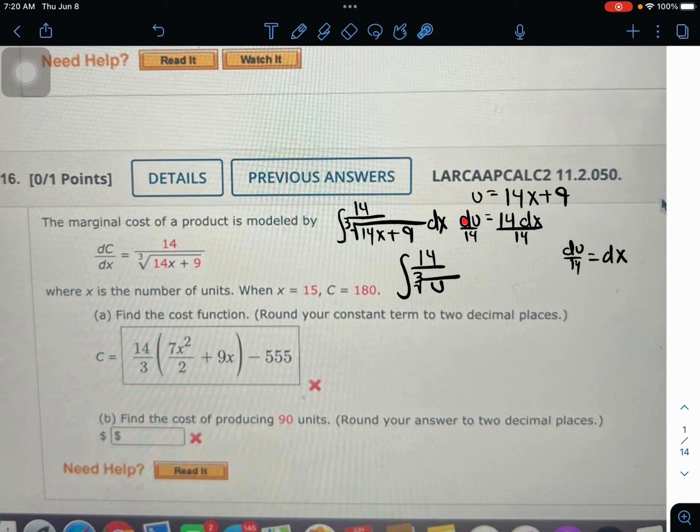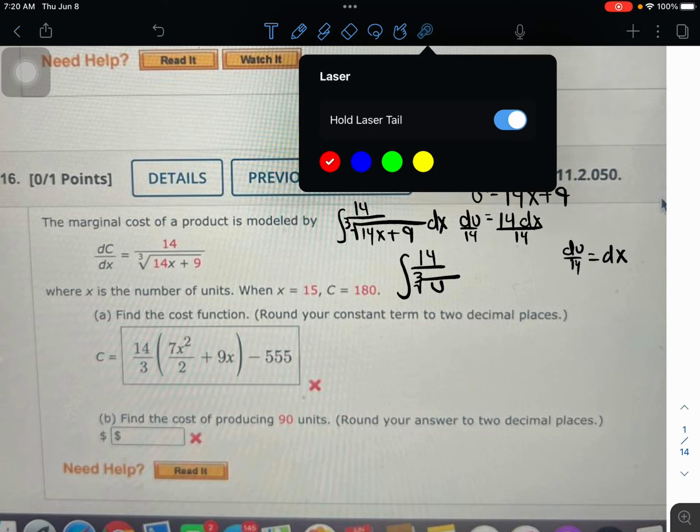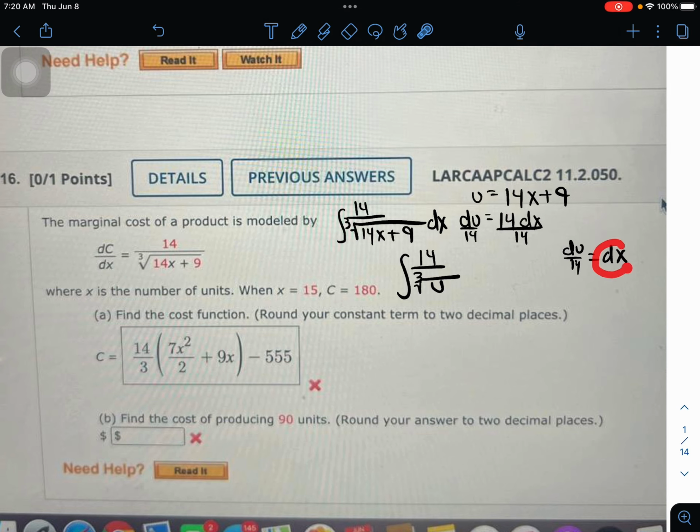It was du equals 14 dx, so I just solved it for dx by dividing both sides by 14. And of course the 14s cancel out. The reason I did that is because I have a dx here, but I want to rewrite it in terms of du. So it's going to be du divided by 14.